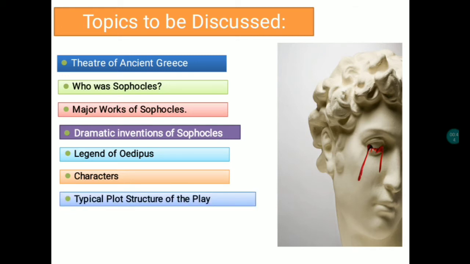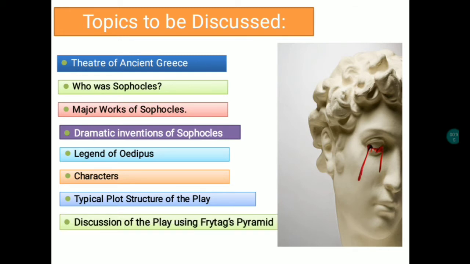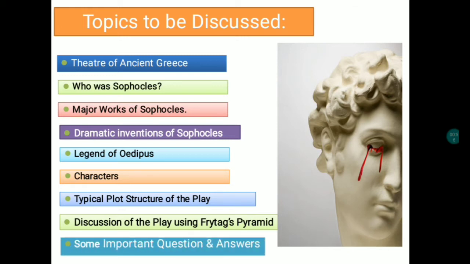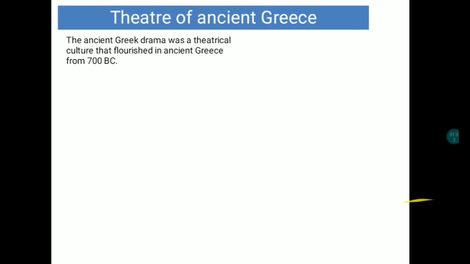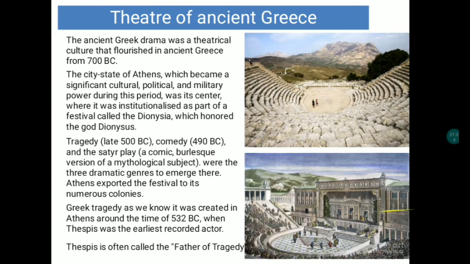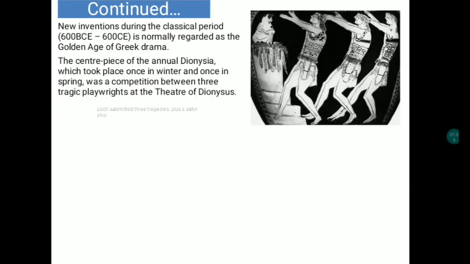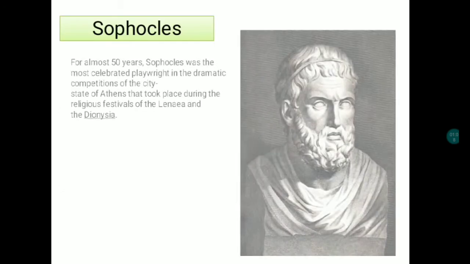Then we will discuss the typical plot structure of the play, and after that we will discuss the play using Freytag's pyramid, and at the end we will have some important questions and answers. So without further delay, we are going to that point, the legend of Oedipus.